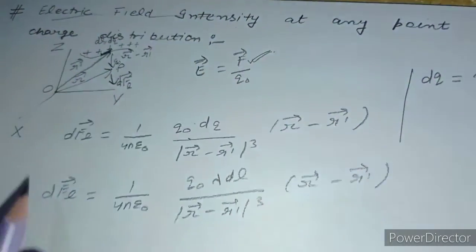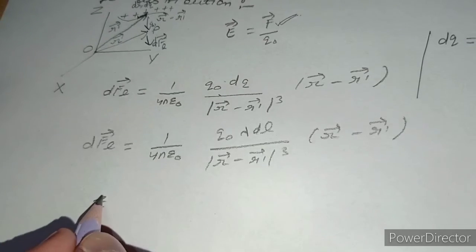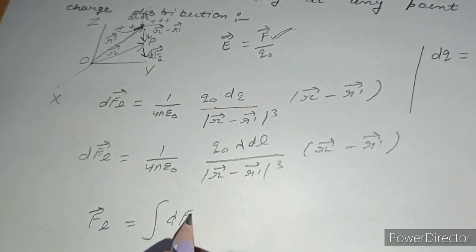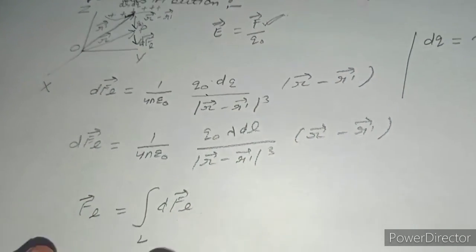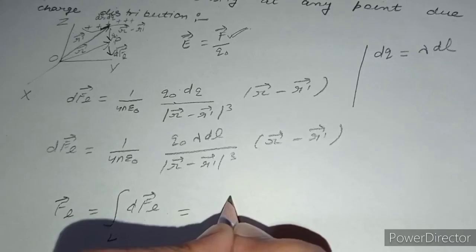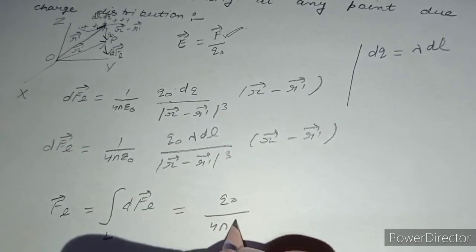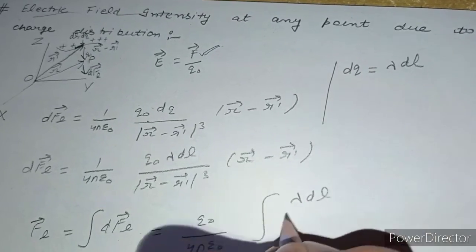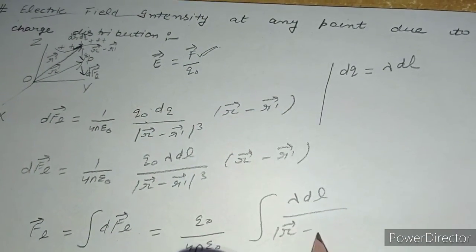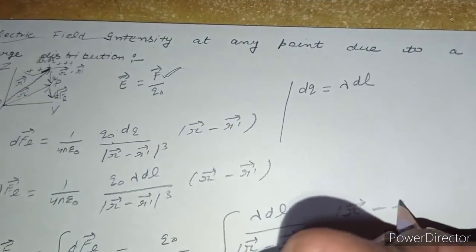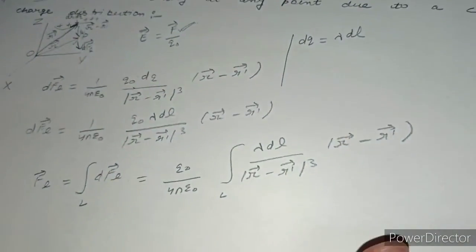Due to the whole linear charge distribution, the force will be this: integrate this expression over the whole length of the linear charge distribution. So the value of F will be the integral of lambda dl r vector minus r dash vector over the magnitude cubed. Clear?